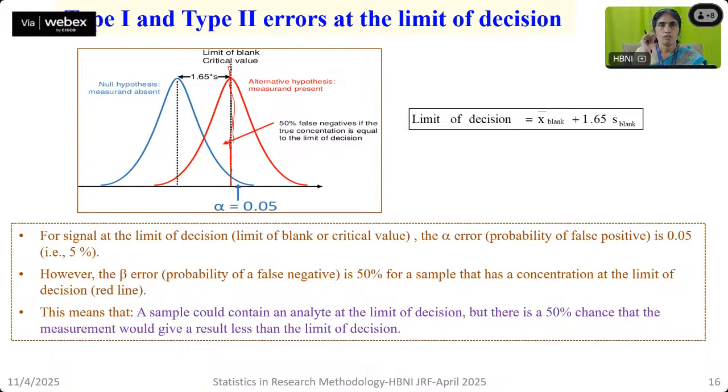That means the total error will be 50 plus 5, 55%. So in this portion it is very difficult to take a decision. This is called the limit of decision. A sample could contain an analyte at the limit of decision, but there is a 50% chance that the measurement would give a result less than the limit of decision. That means in 50% of the measurements you are falsely drawing the conclusion.